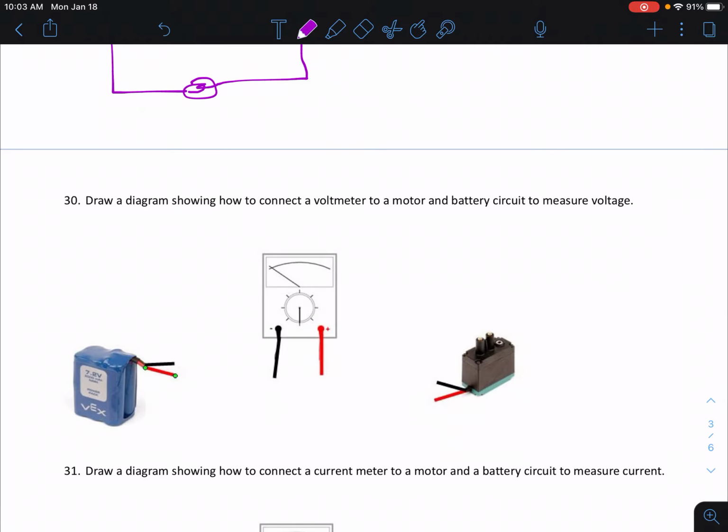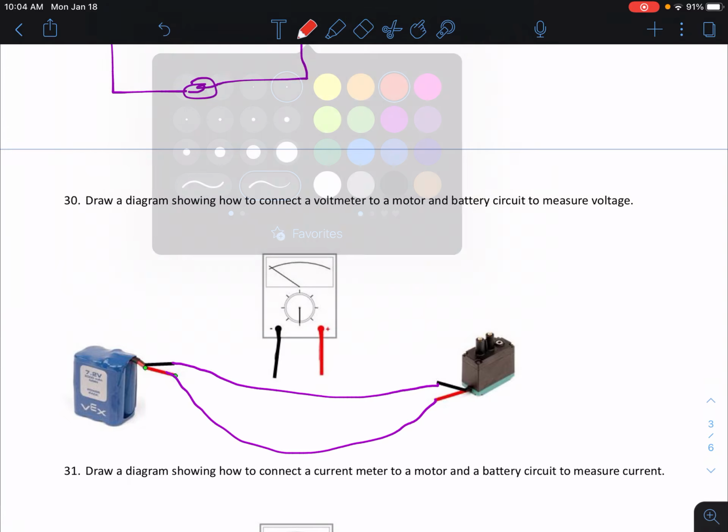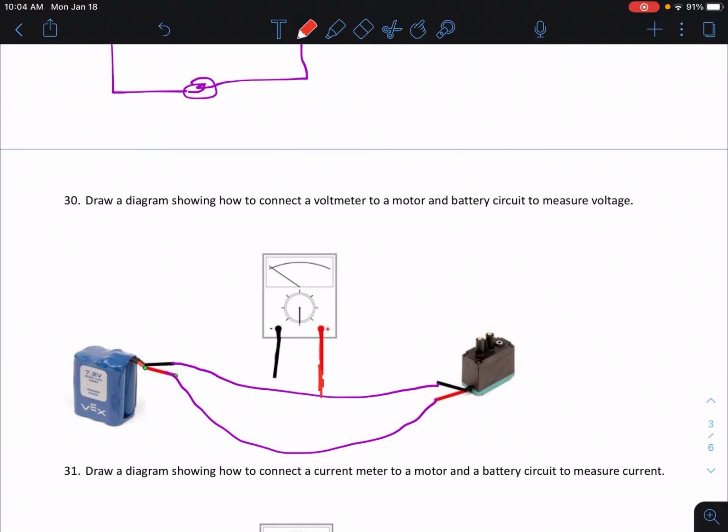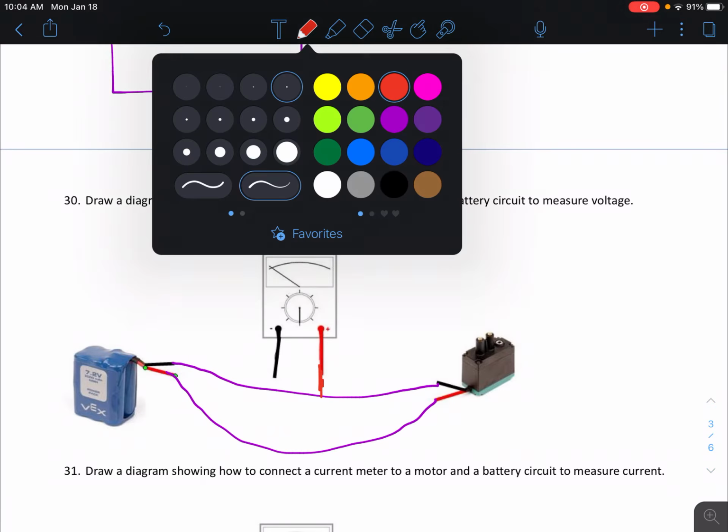Draw a diagram showing how to connect a voltmeter to a motor and battery circuit to measure the voltage. So this would represent a voltmeter, and basically what we want is a complete circuit from the battery to the motor to get the motor to run, and then this would be your red lead, and it could go to either one of these.